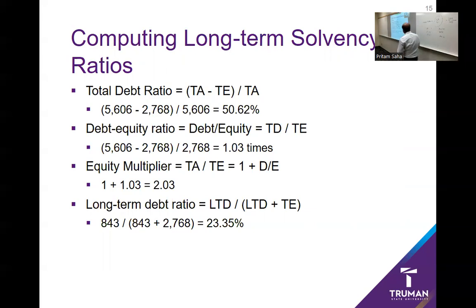This tells you how much leverage you are taking. For $1 of your equity, you have $2 of assets. For $1 of your wealth or equity, you have $2 of assets in the corporation.